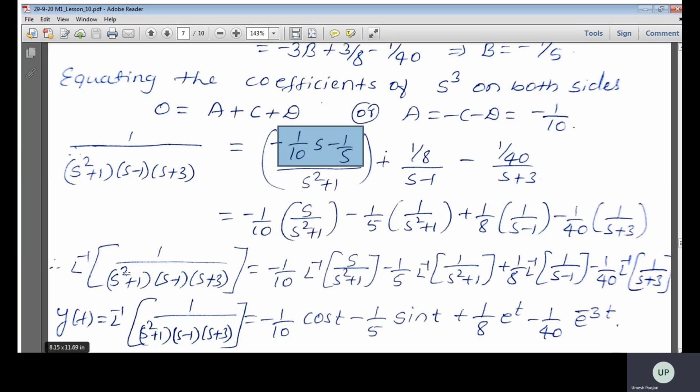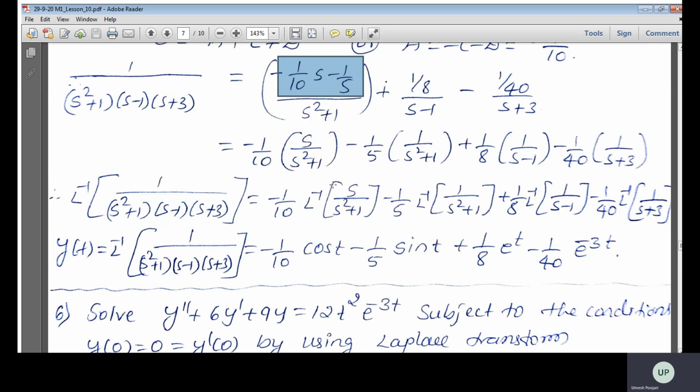L inverse of 1 by (s square plus 1)(s minus 1)(s plus 3) will be minus 1 by 10 L inverse of s by s square plus 1, minus 1 by 5 into L inverse of 1 by s square plus 1, plus 1 by 8 into L inverse of 1 by s minus 1, minus 1 by 40 into L inverse of 1 by s plus 3.